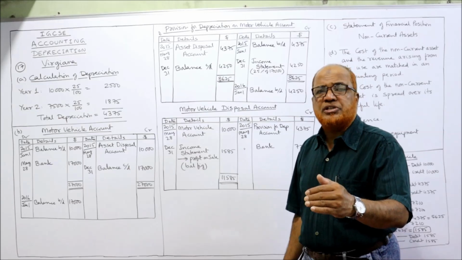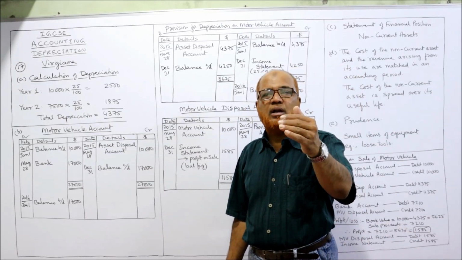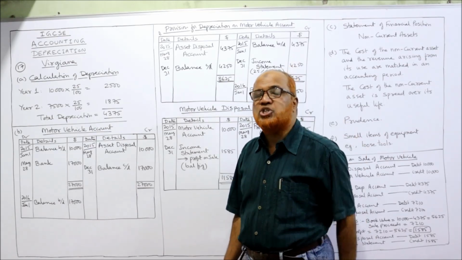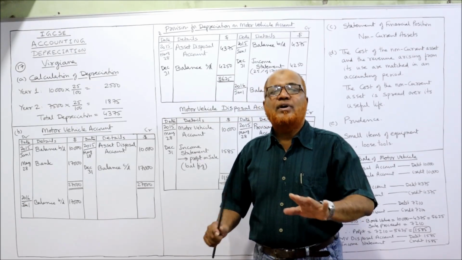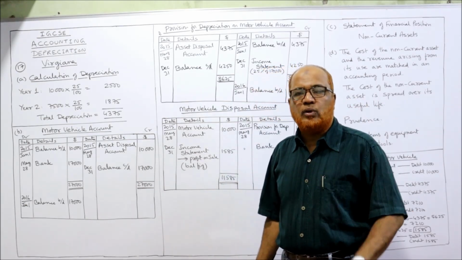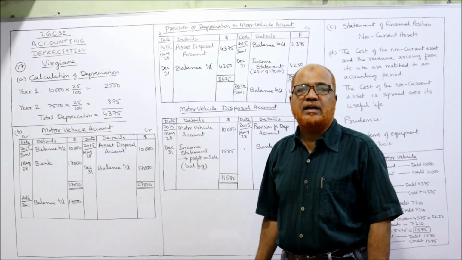When the motor vehicle was purchased, the entry was motor vehicle account debit and bank account credit. But this entry will be passed at the time of purchase in 2013. We are not preparing the account for 2013 or 2014. We are preparing the account for the current year 2015.